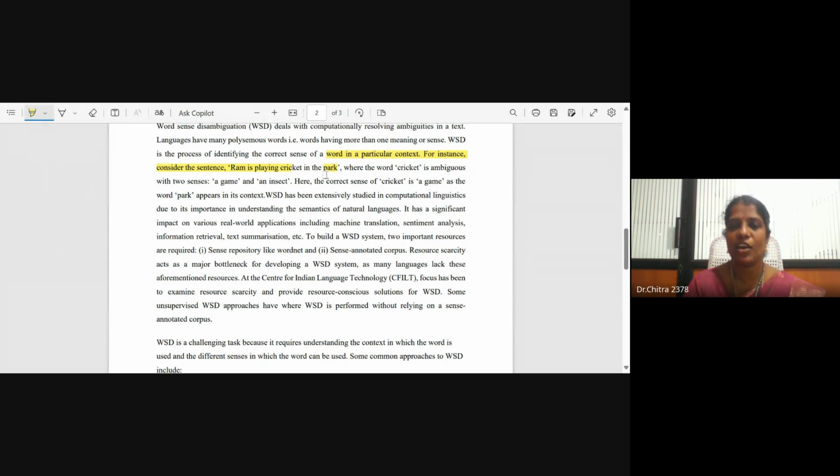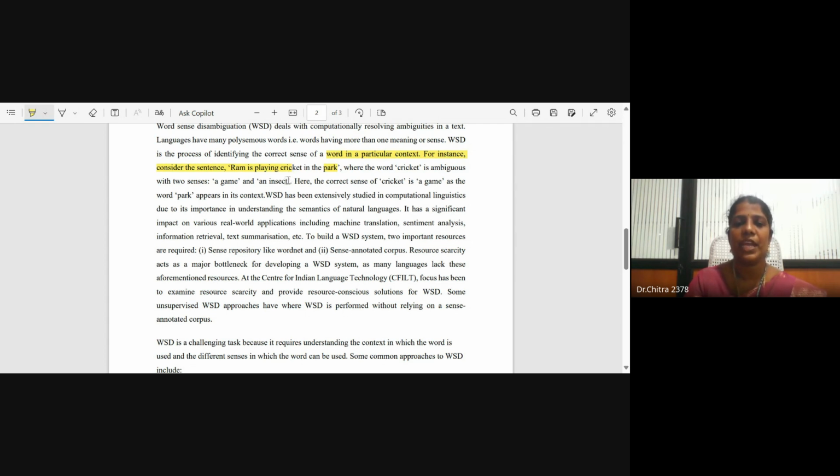The next word in the context, park, is related to cricket. So it checks with WordNet which hypernym park is related to. So we can identify that this is the cricket game. The ambiguity is resolved and automatically it's taken as the game, so it can be mapped with the game here instead of the insect.